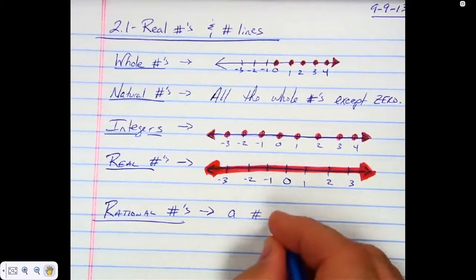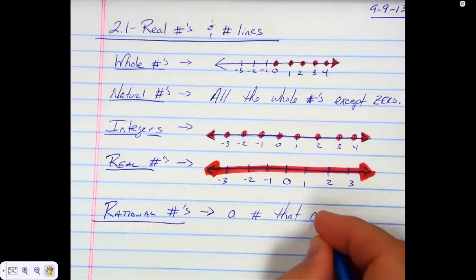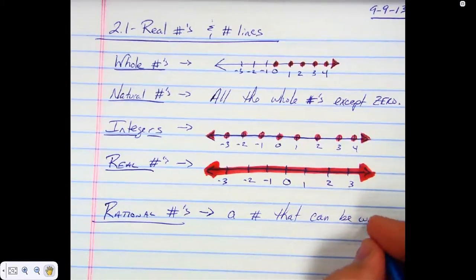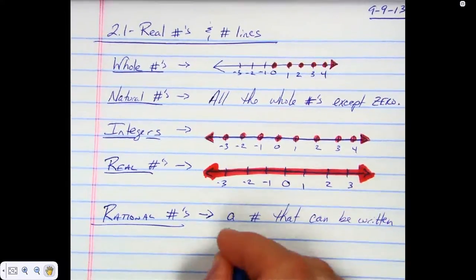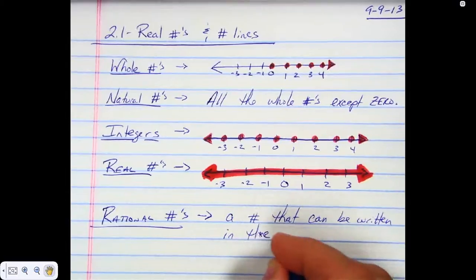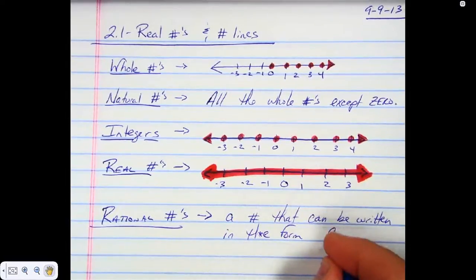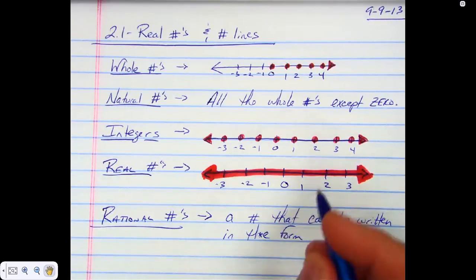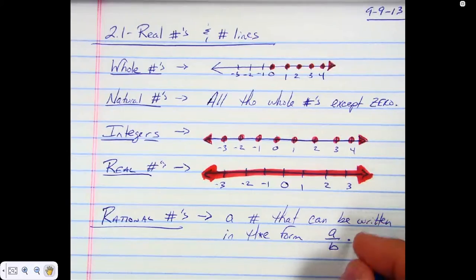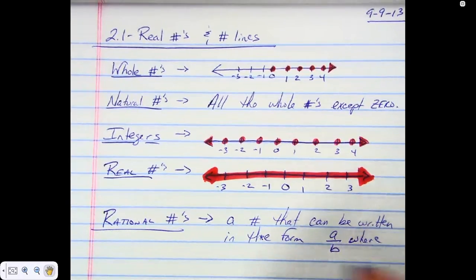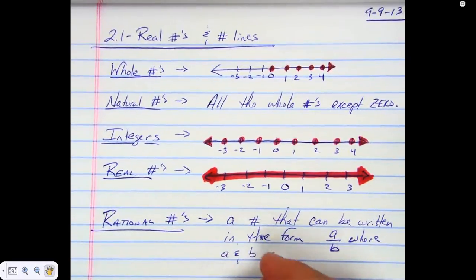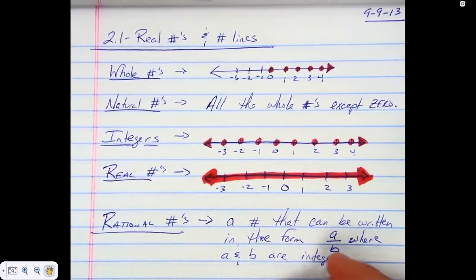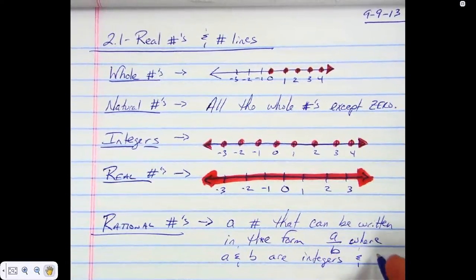A number that can be written in the form A over B, where A and B are integers and B cannot equal 0.